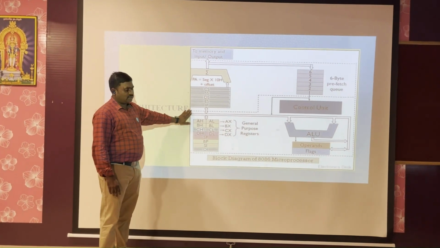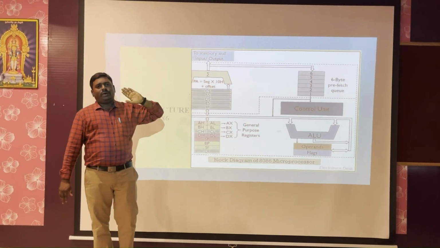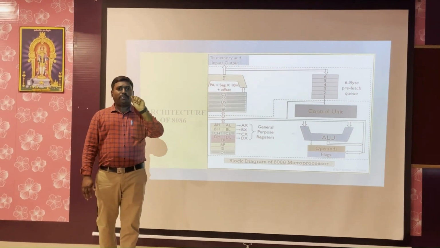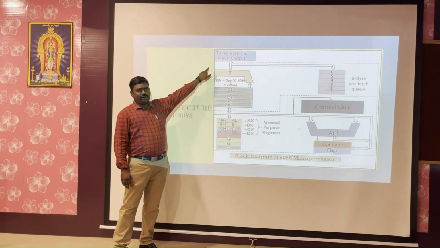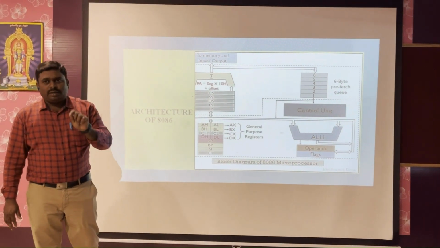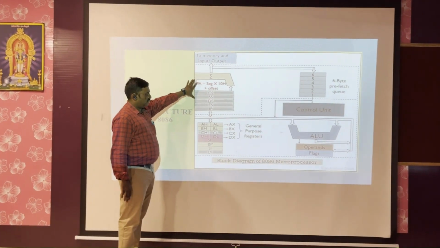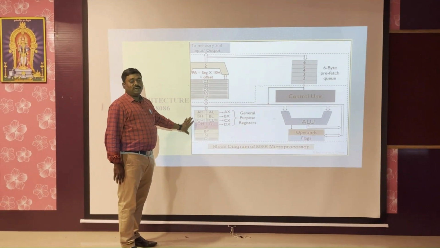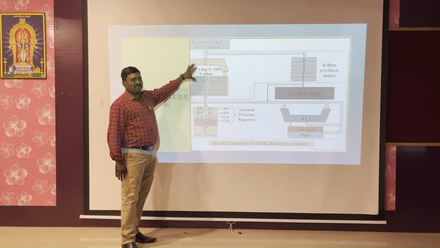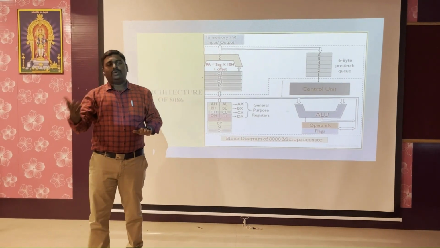The input and output devices, memory devices and other peripheral devices connected to the port form the memory interface, which belongs to the bus interface unit. That's why it is called the bus interface unit. As I told you already, this unit belongs to the bus interface unit and this unit belongs to the execution unit. The bus interface unit interfaces with the memory devices and other input-output ports.